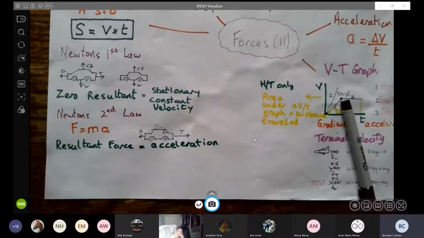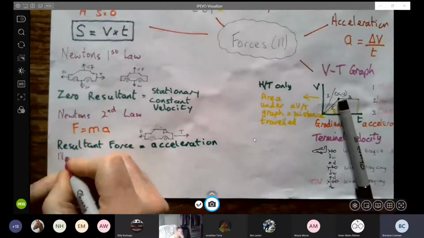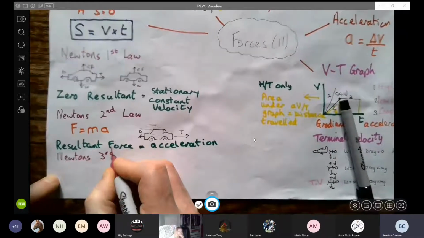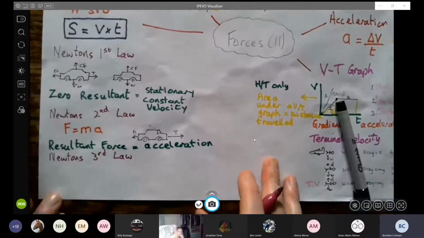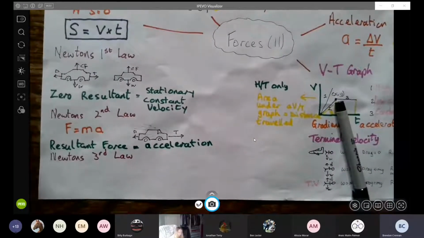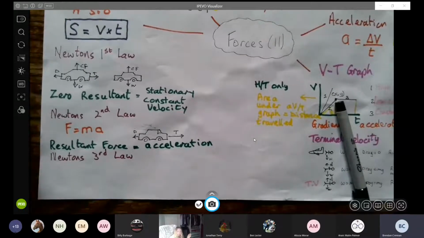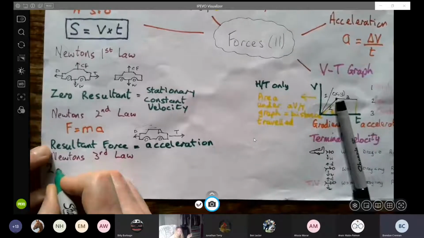Okay, that leads us on to Newton's third law. This one doesn't have an equation. It's only the second law which has an equation. Newton's third law is what happens when we have two objects pushing against each other, or two objects interacting.